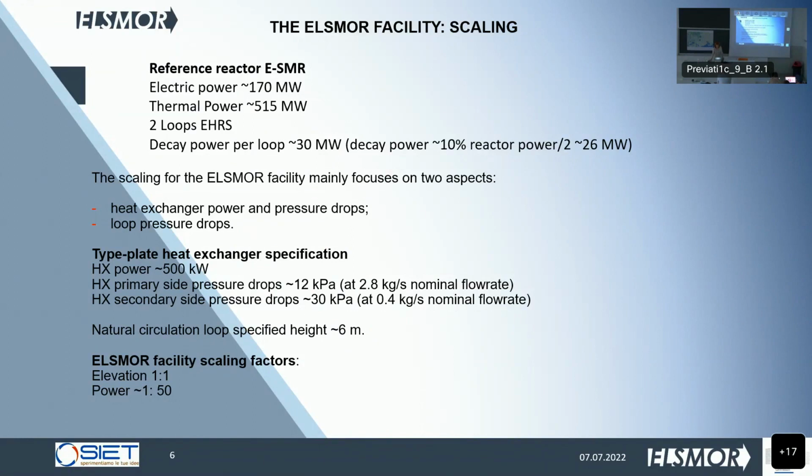In this case, these heat removal systems need to discharge about 60 megawatt in two, so about 30 megawatt each.